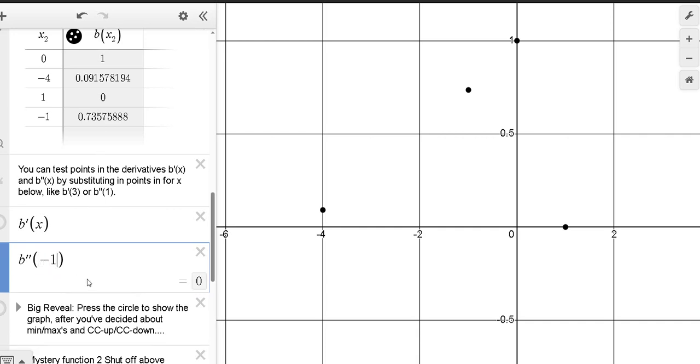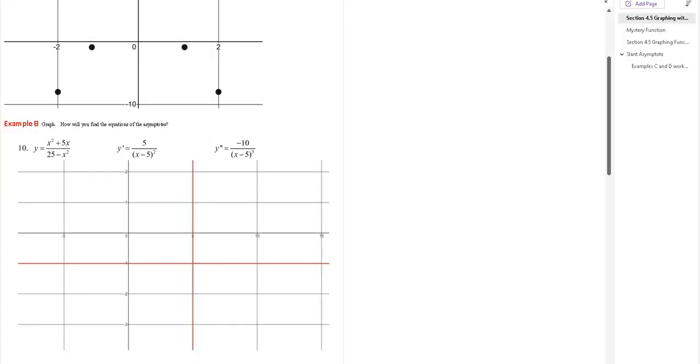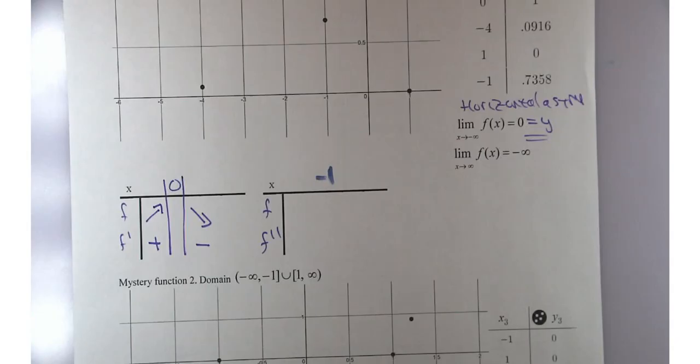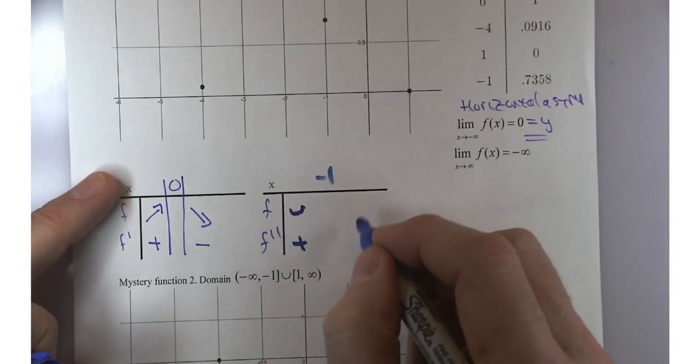That means that to the left of this, say -2, the second derivative is positive. That's kind of what I was expecting. So if the second derivative is positive, then it's going to have a concave up shape. Let's see what happens to the right of -1.